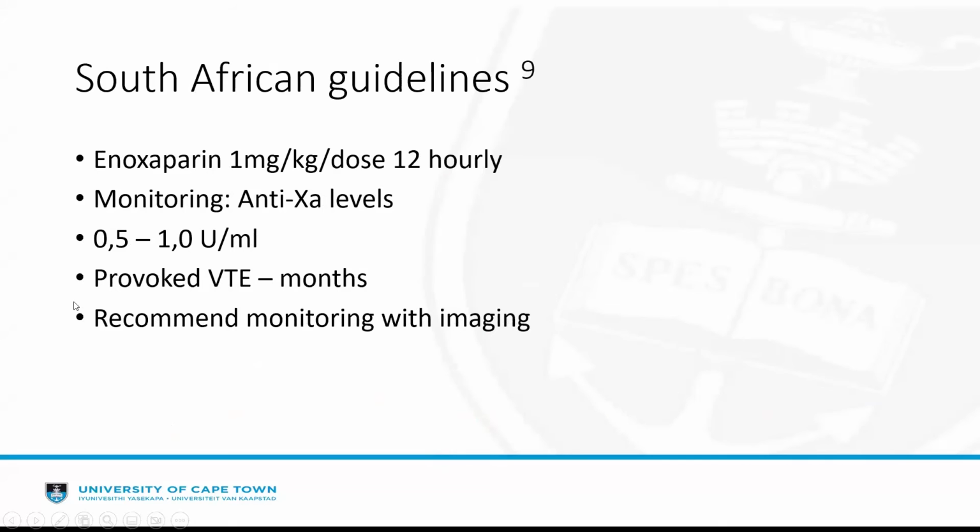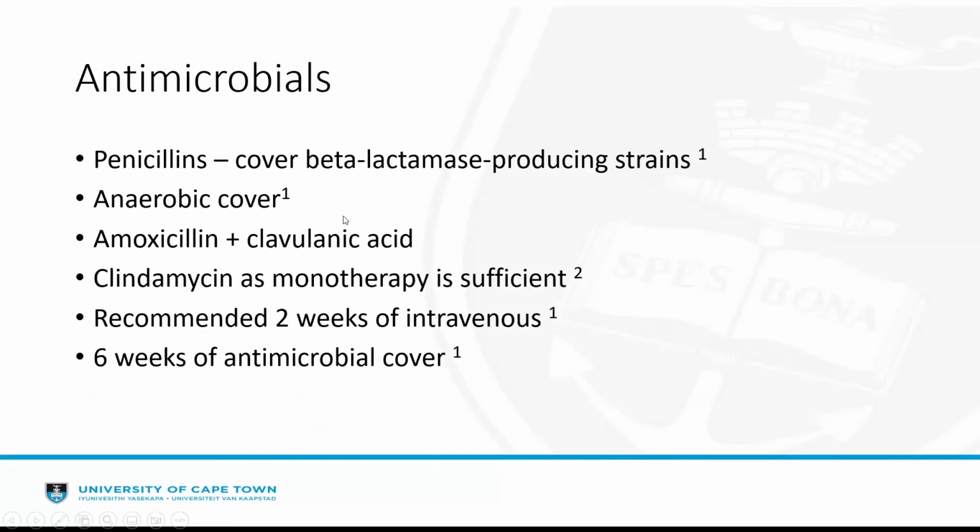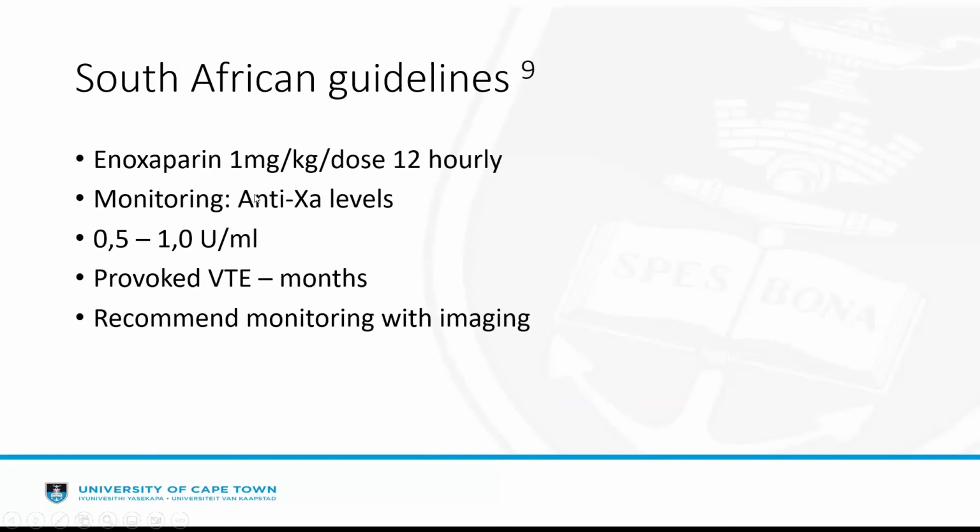So the South African pediatric anticoagulation guidelines give a recommendation, and this is a broad recommendation for venous thromboembolisms in pediatric patients. They advise enoxaparin at 1 milligram per kilogram per dose. And because steady state is more difficult to achieve in children than in adults, they strongly recommend therapeutic monitoring with anti-factor 10A levels with a target range of 0.5 to 1.